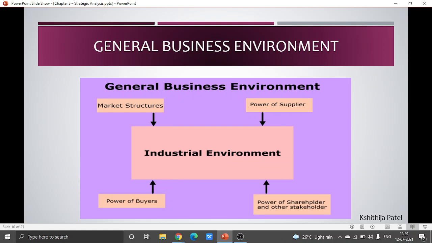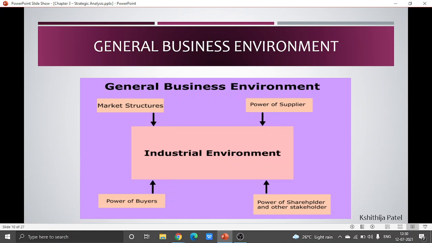The other factor may be barriers to entry. If there are high barriers to entry, then there will be less risk of entry of new firms in an industry. So, in such scenarios, all the existing firms can continue to earn abnormal profit.